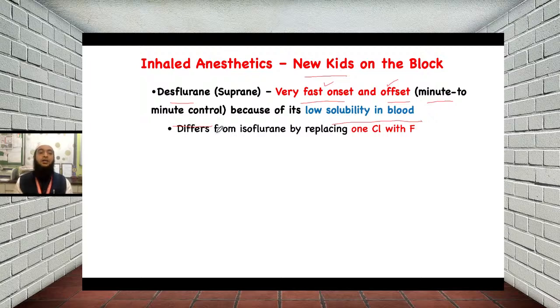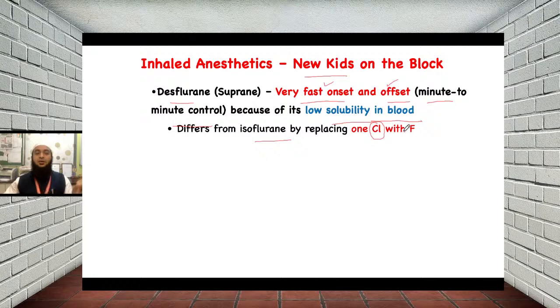Now let's see how desflurane differs from isoflurane. I told you to remember the structure of isoflurane. Isoflurane consists of 5 atoms of fluorine and 1 atom of chlorine. Now to convert isoflurane into desflurane, what they simply did is replace 1 chlorine with fluorine. That single chlorine is present in enflurane, and it is also present in isoflurane, right?